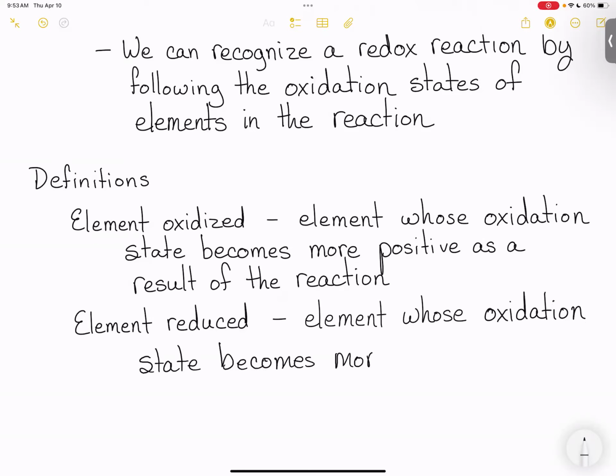It does not have to be negative, it just becomes more negative as a result of the reaction.